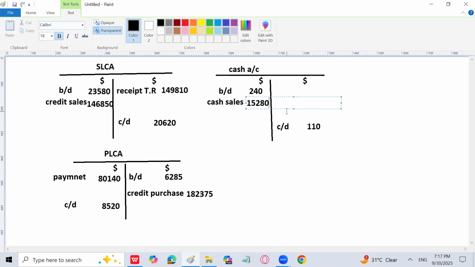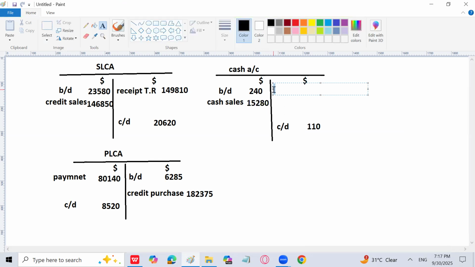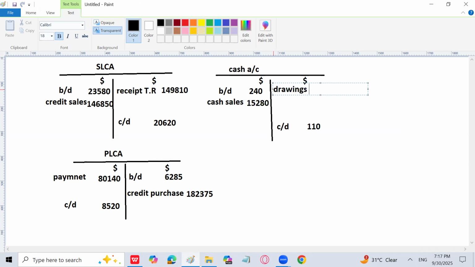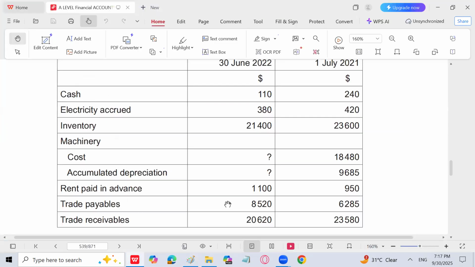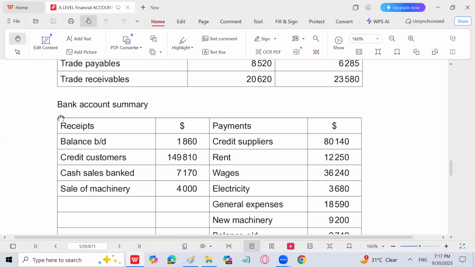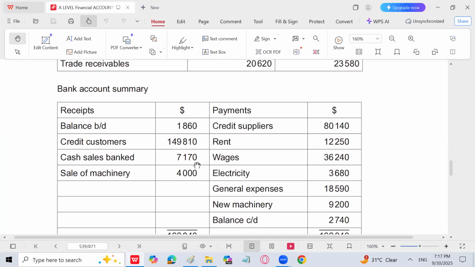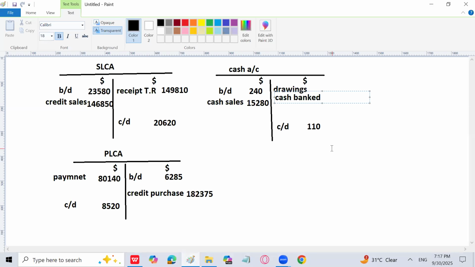Okay. Then on the credit side, I'm supposed to write the drawings. Then I'm supposed to write cash bank, because I told you that cash bank will come on the right side of the cash account and the debit side of the bank account. It is written on the debit side of the bank account. Here, cash sales bank 7170. So debit side of bank and credit side of cash. Oh, sorry. Right side of cash.